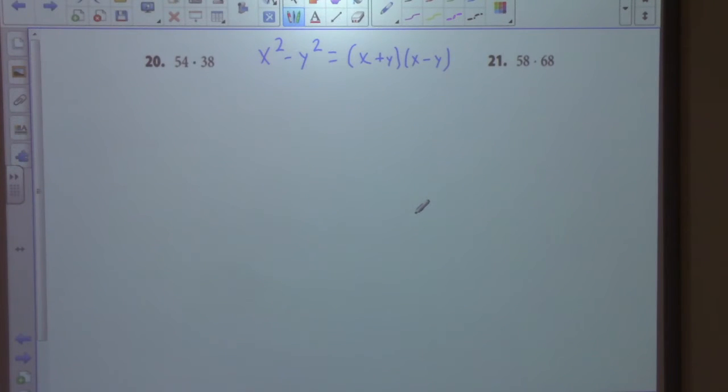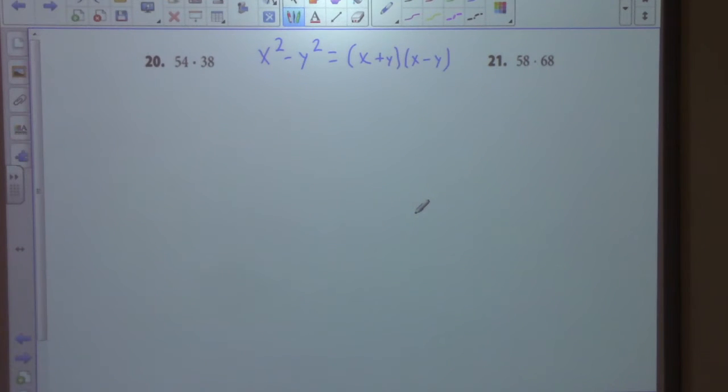All right? Does that make sense to you? Yes. Yeah, that does. Do you see how to apply it here? Sure. Yeah. Okay, what's x going to be and what's y going to be? 54 and 38.